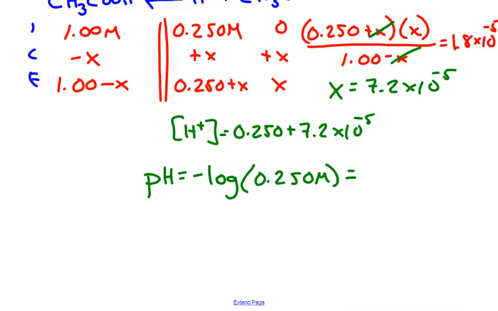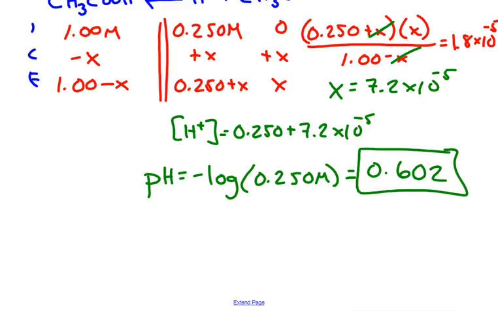Right? You can never assume that. If you do use the other number, it's 0.6019 for a pH versus 0.602. Basically that.